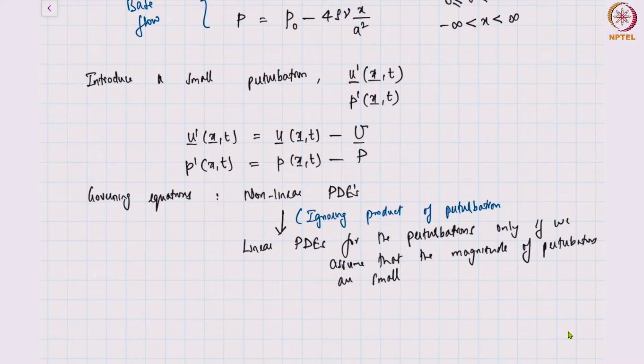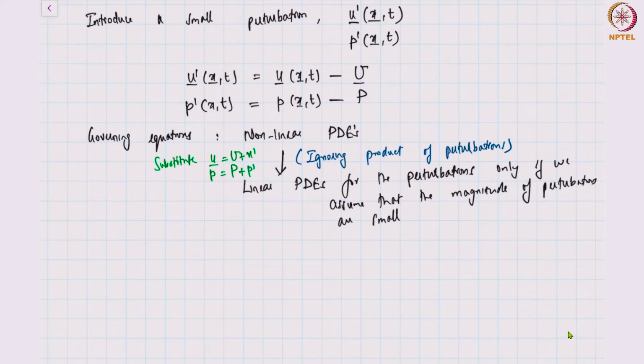I am only retaining the linear terms. So, to go from non-linear PDEs to linear PDEs, we substitute u bar is capital U plus u prime and p bar is capital P plus p prime. I have substituted this. Now I have got linear PDEs.